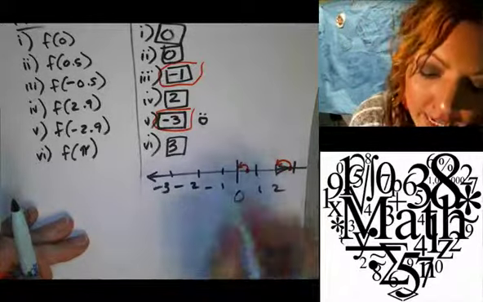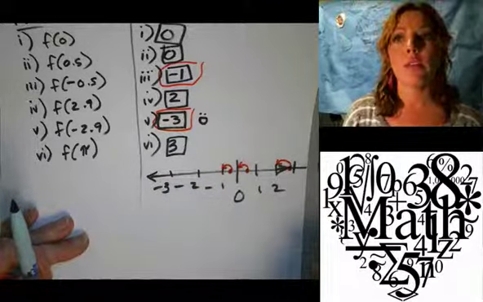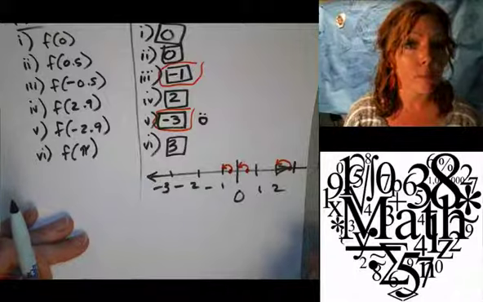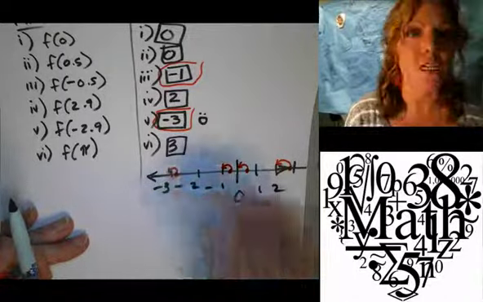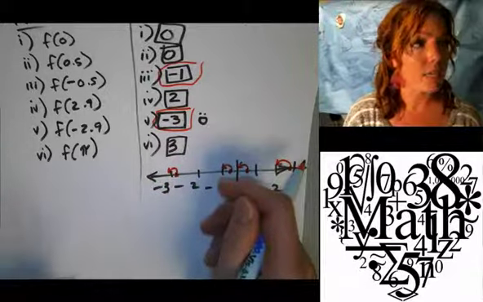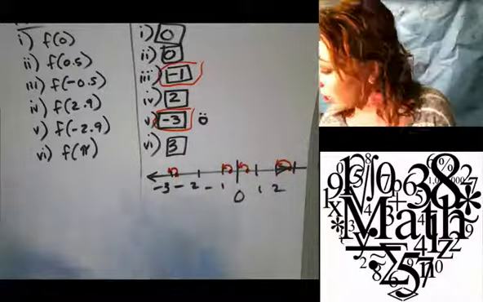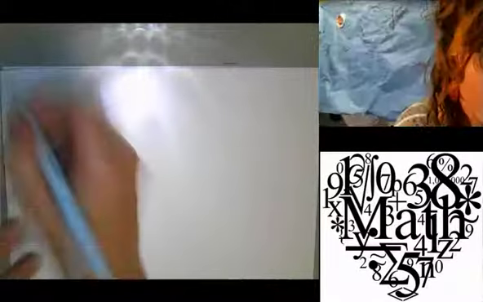So if we're looking at negative 0.5, if you round down, the next greatest integer is negative 1. Does that make sense? Just like negative 2.9 is right here, the next greatest integer is negative 3. Does that make sense? Okay, questions? Okay, last example. Nope, sorry, second to last example.